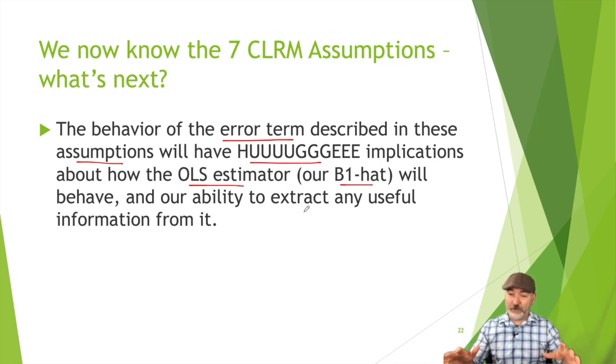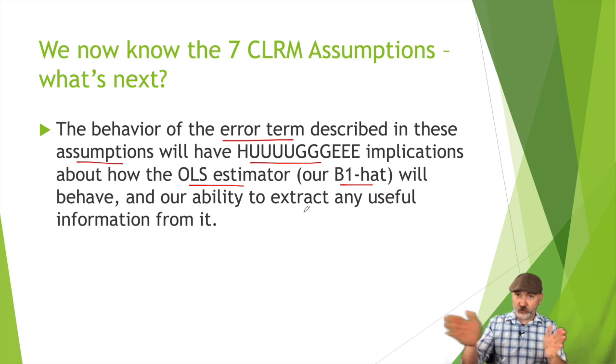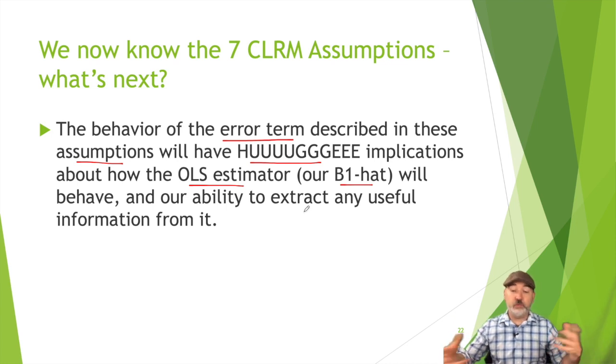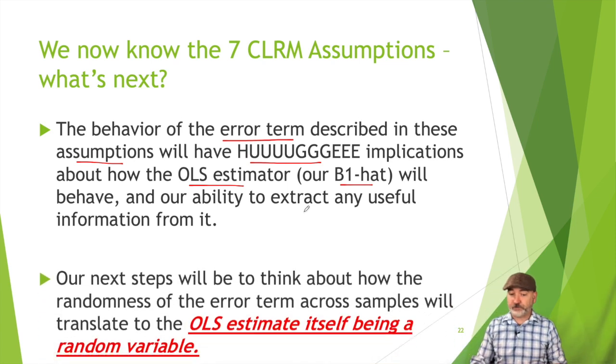And if those assumptions are true, then it's going to be a pretty straight line, easy result to get very useful causal implications out of an OLS regression. When one or more of those assumptions are violated, then we're going to have some more work to do.